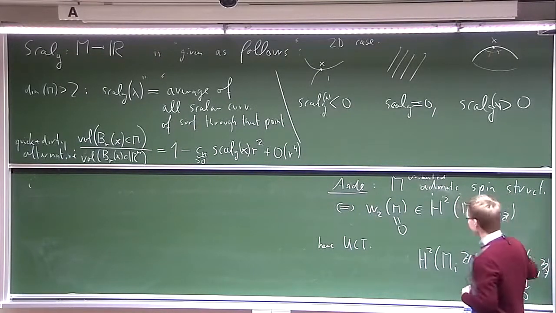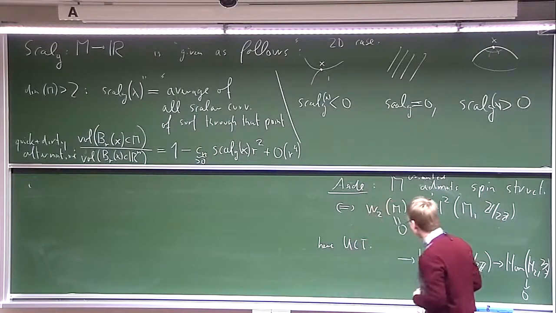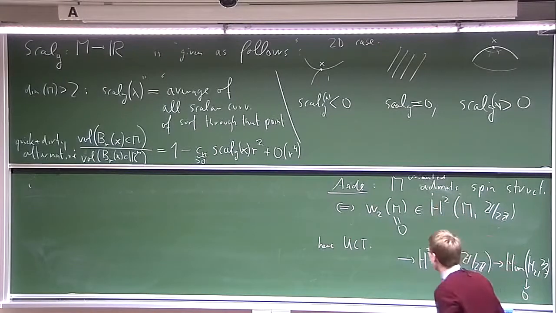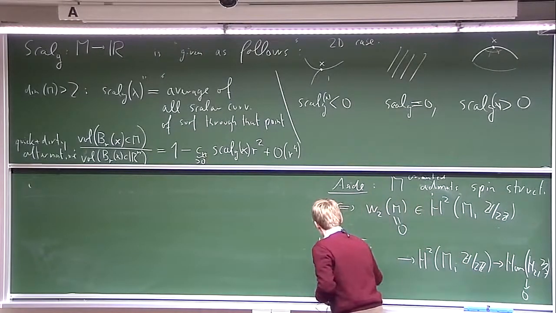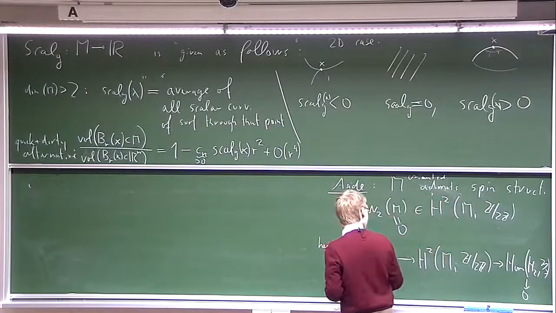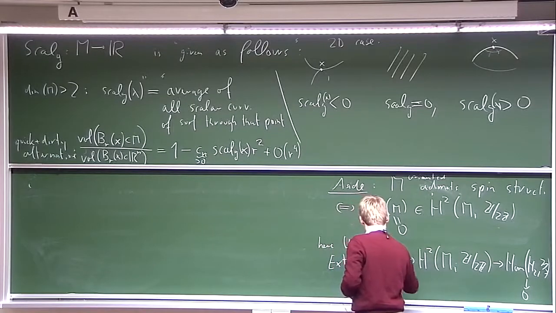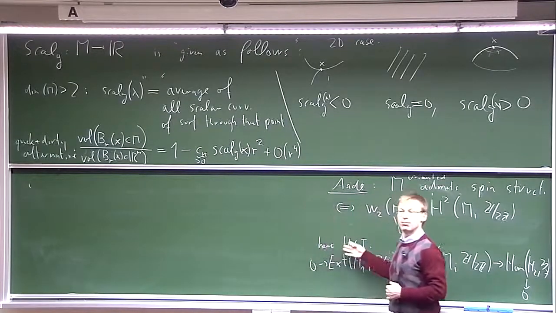And this would vanish because of the pi 2 condition. But there is a correction term, and this correction term is one of these Ext groups we have seen last time, a slightly different one, but involving H_1. And so, indeed.